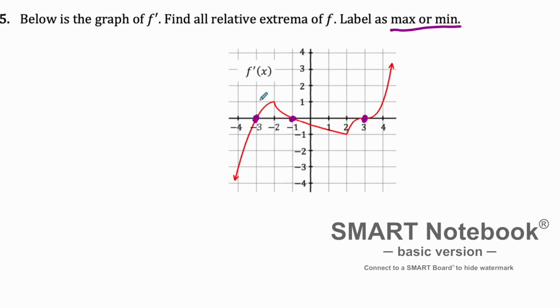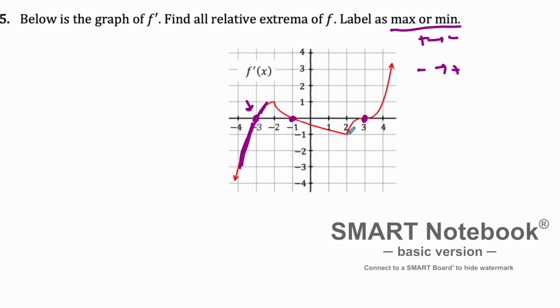Now, to label the max and the min, we need to identify where this graph is changing: for a max, it's going from positive to negative, and a min is negative to positive, okay? So again, if we're given the derivative, we're looking at the values, not the slopes. So for the min, if we look, these are negative right here up to positive. So that means this is a min.